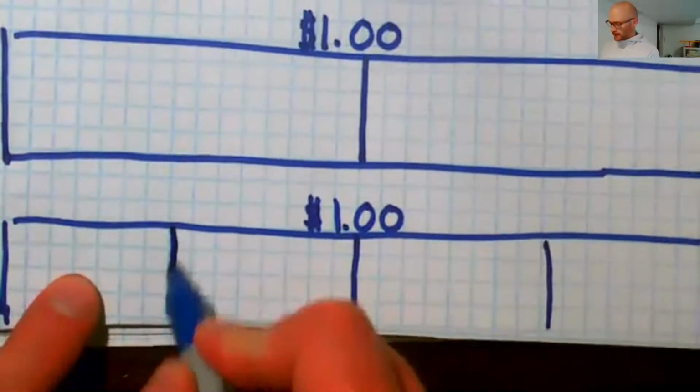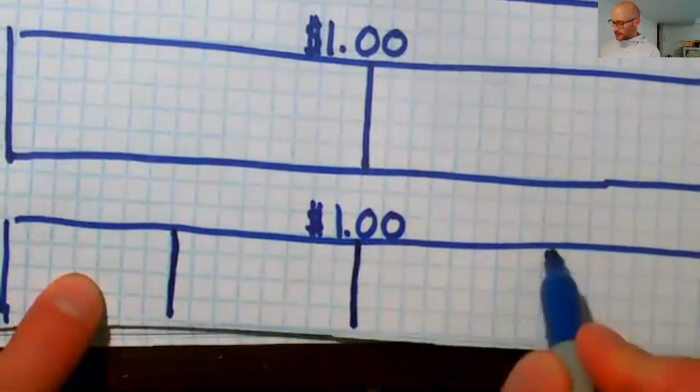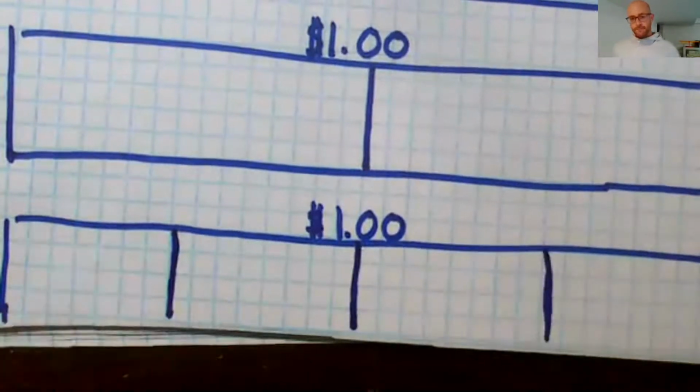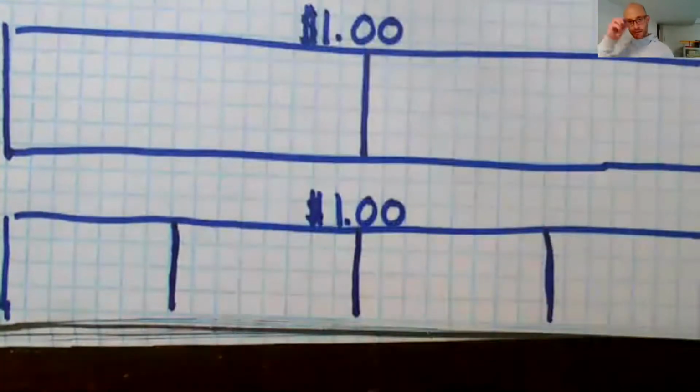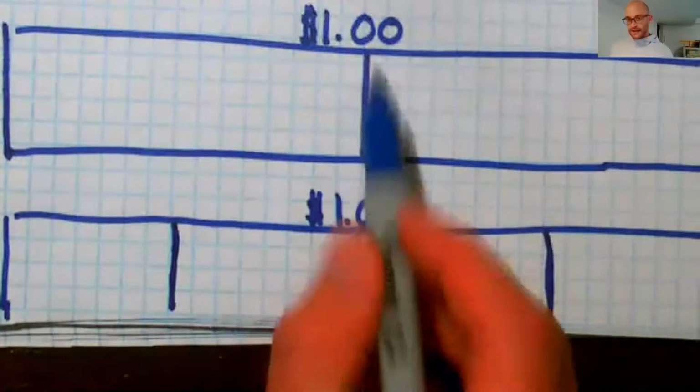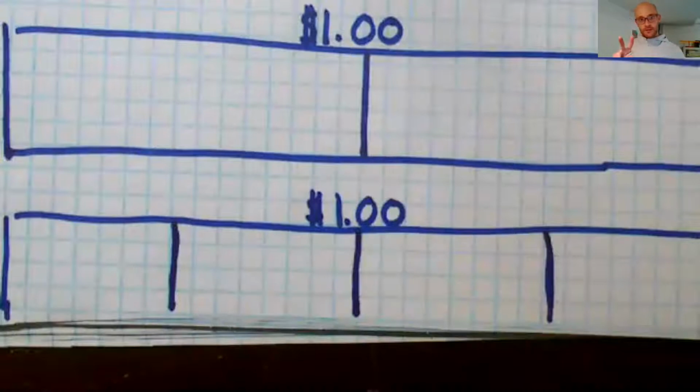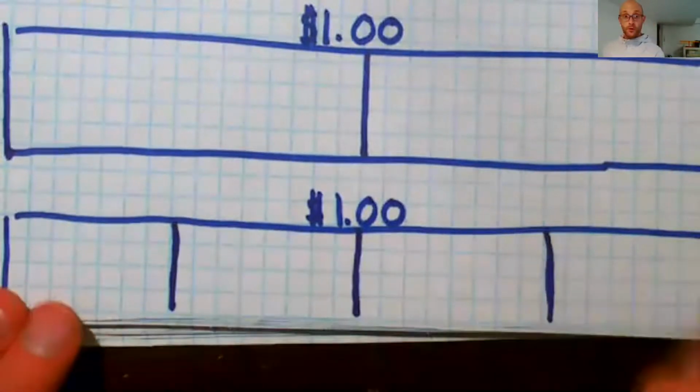And another thing I'd like to say a lot, and I'm just going to take a second to explain here, is 3 lines split inside of a bar make 4 equal pieces. 1 line inside of a bar makes 2 equal pieces. And I say that because a very common mistake is that when I ask students to make 4 equal pieces, we go inside that box and make 4 lines.